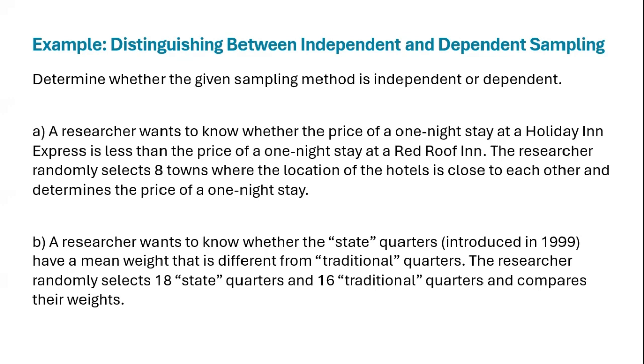So what we can say, are these samples dependent or independent? Since both of the hotels are chosen from the same town, and the hotels are close to each other, we can say that they are dependent, because they want to research the price, and the price of the hotels usually depends on the town, the location of the hotel.